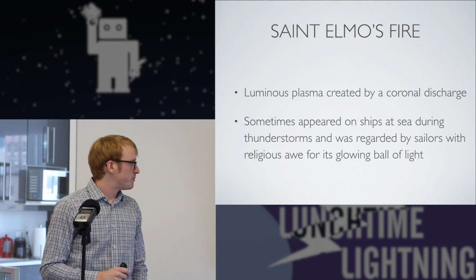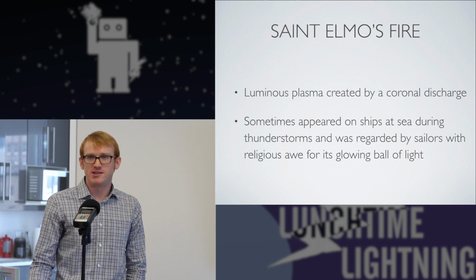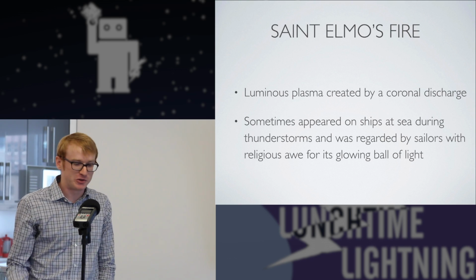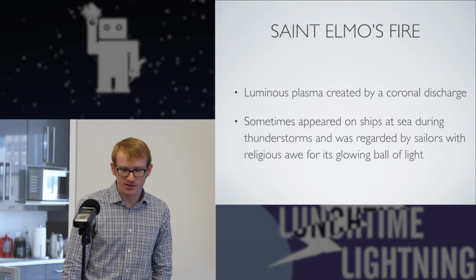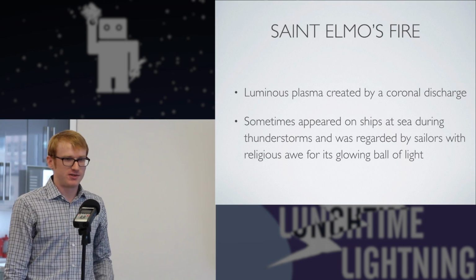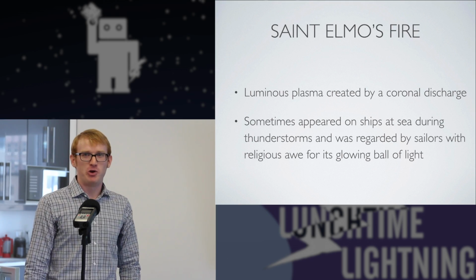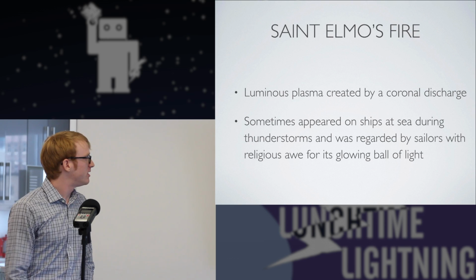Some thought it was a good omen, some thought it was a bad omen, but it looks cool either way. And St. Elmo is the patron saint of sailors, so they thought it was like St. Elmo coming down and helping or hurting them.